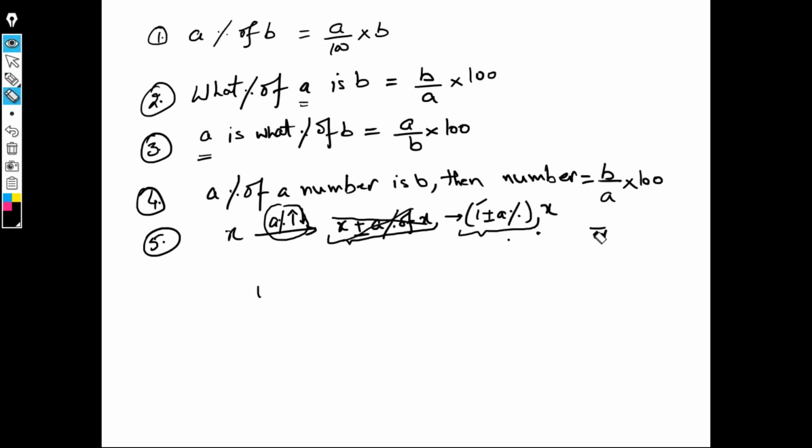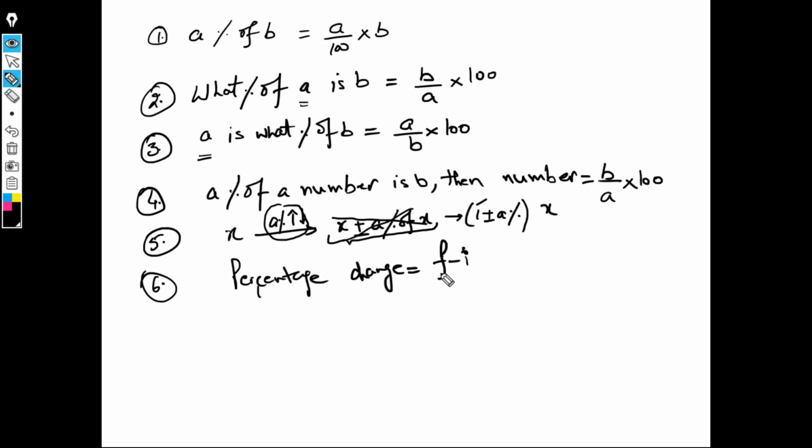So the basic relation for percentage change is final minus initial upon initial into 100.